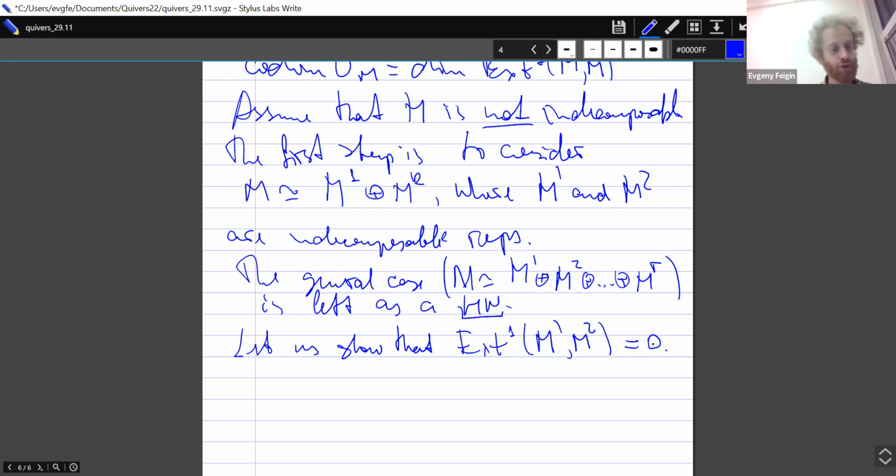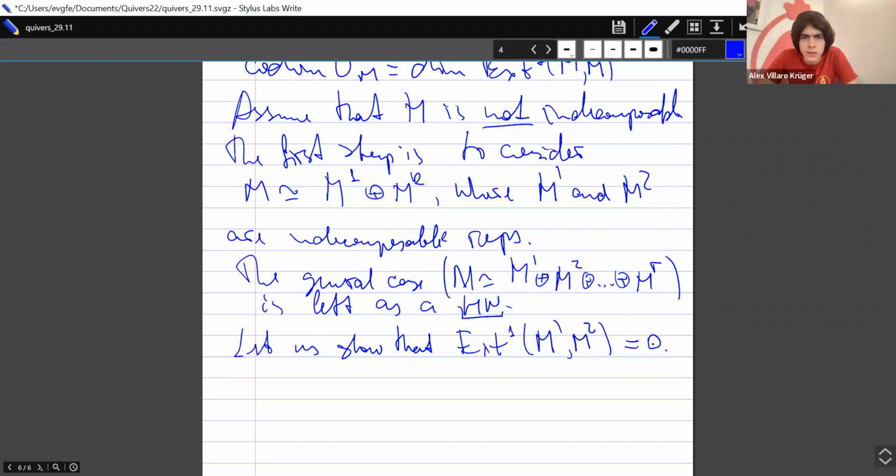We want to show that there is no possible non-trivial extensions between M1 and M2, of course. The order between M1 and M2 does not matter, so we could put M2 and M1. The claim is that we can't have any extensions between direct summands of M.